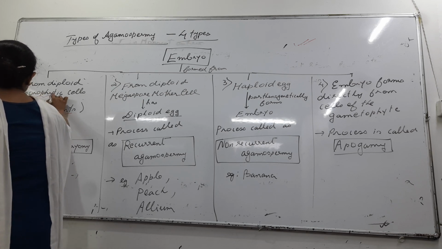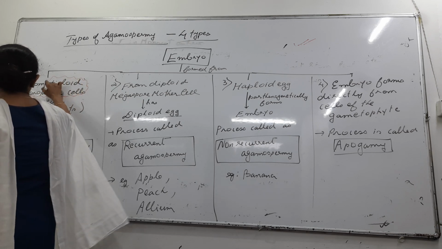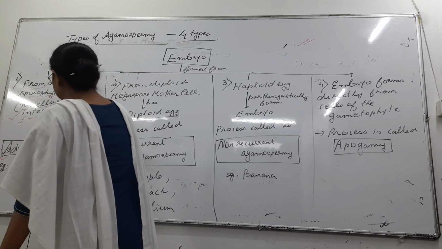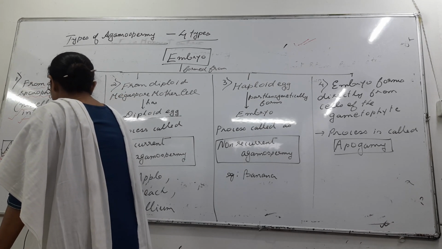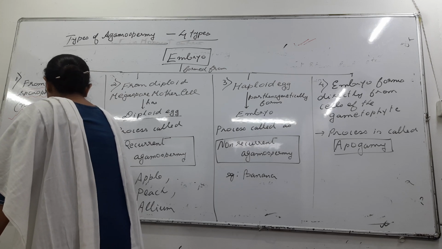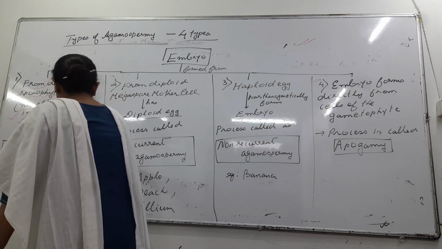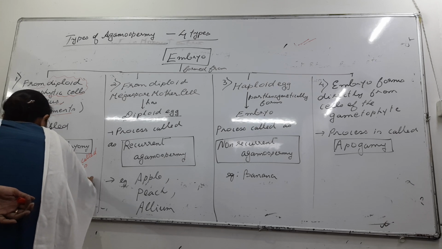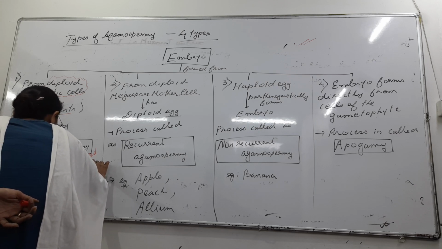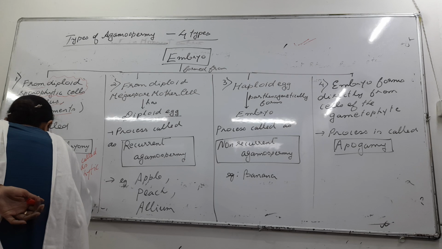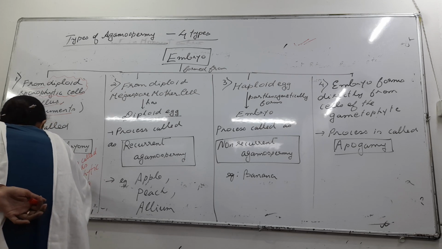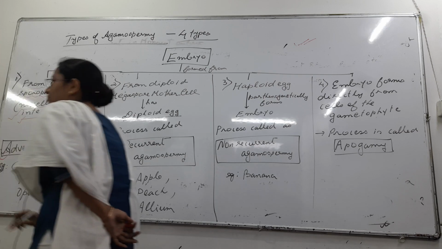Another important word is that adventitious embryony is also called sporophytic budding.